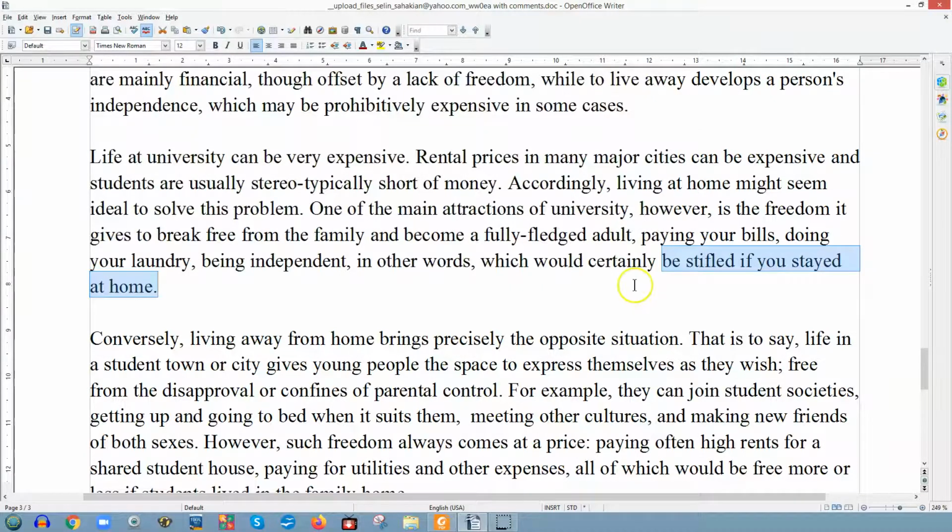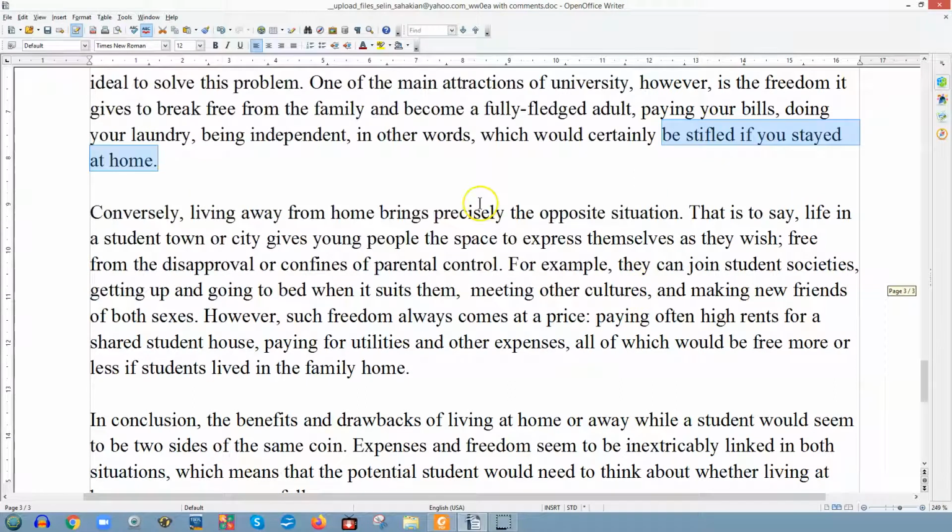So, not so good. The second one, living away, brings precisely the opposite. If you live in a student town, away from the confines of parental control, you can express yourselves. You can join student groups, get up and go to bed when you like, meet other cultures, make new friends of both sexes, which you might not be able to do in your family home.